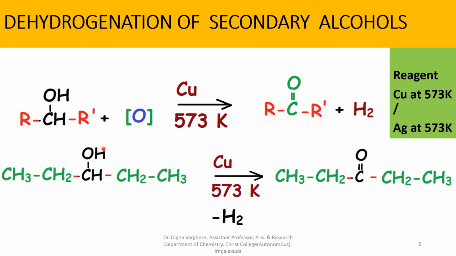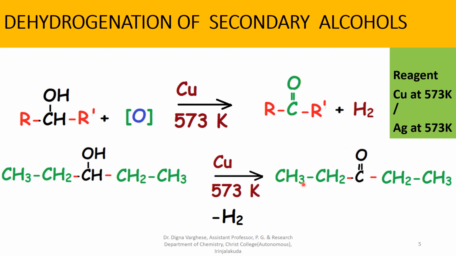Here you can see 3-pentanol, which undergoes oxidation. The secondary alcohol is passed over heated copper or silver and forms the corresponding ketone.